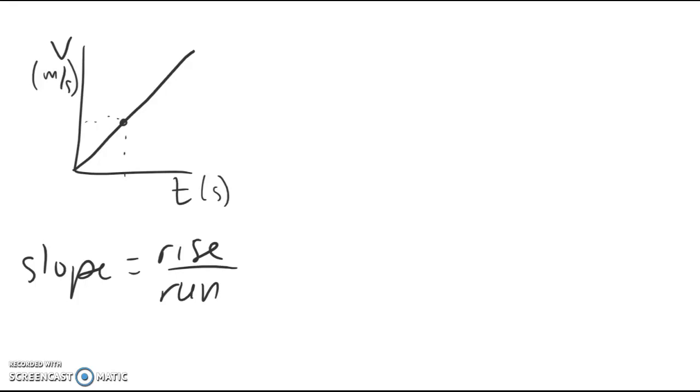Our rise here is velocity, so it's our change in velocity. Our run is time, so that's change in time. So the slope of this graph is change in velocity over change in time. Wait a second, we know that quantity is acceleration. So the slope of a velocity versus time graph is acceleration.